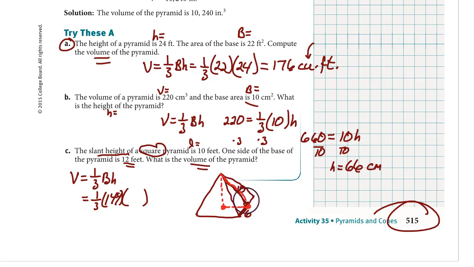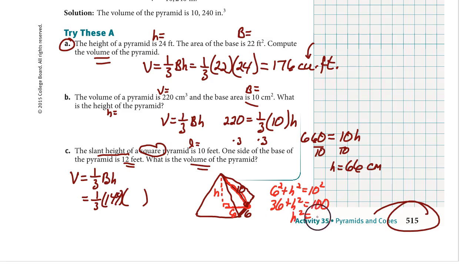Do you see this red triangle? Do you recognize the shape of it? It is a right triangle. The diagonal is 10. This distance is 6, and the height we don't know. We could call h. Let's use the Pythagorean theorem to find h. So 6 squared plus h squared equals 10 squared. 36 plus h squared equals 100.